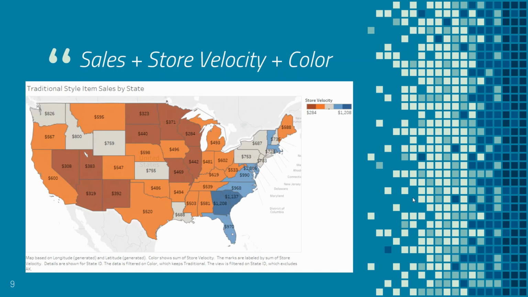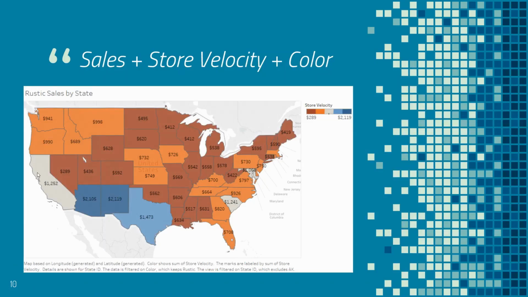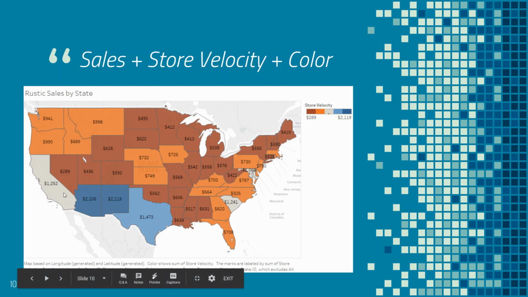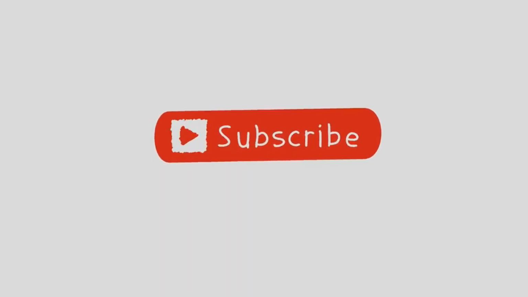This is a brilliant insight that you can take to the marketing manager and say, hey, we really need to market this traditional style item to people in the eastern states. And also, look, the rustic sales by state are selling really well in these border states, so you could do something very similar there. So this would help you get a much better return on investment from your marketing campaigns.